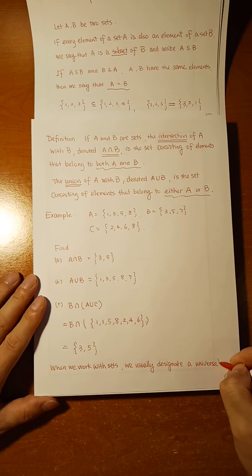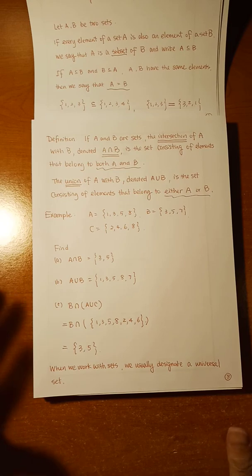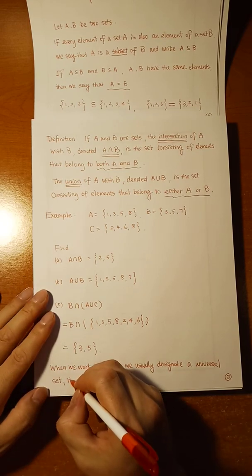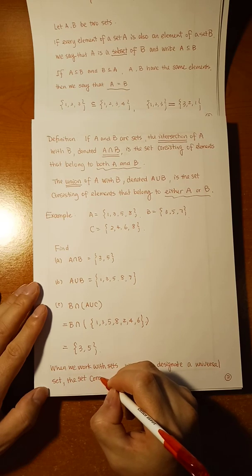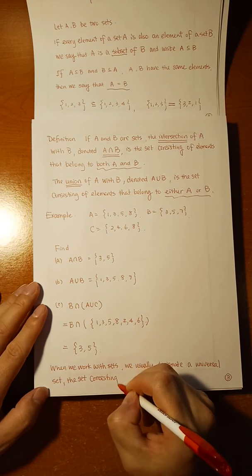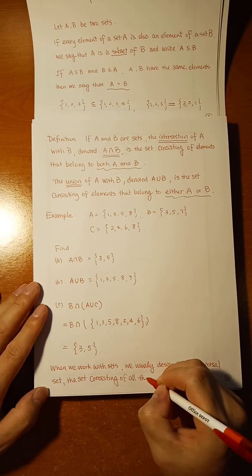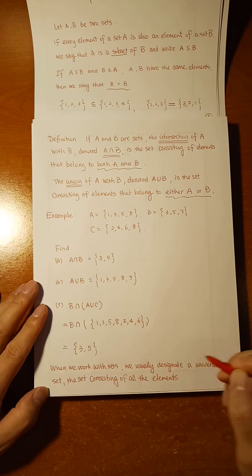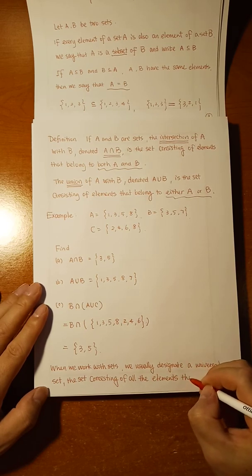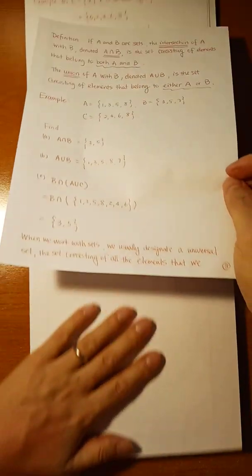So what is a universal set? The set consisting of all the elements that we wish to consider.